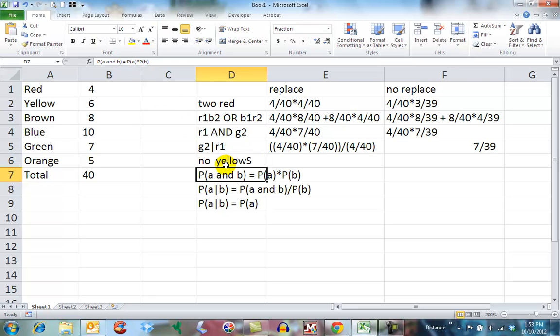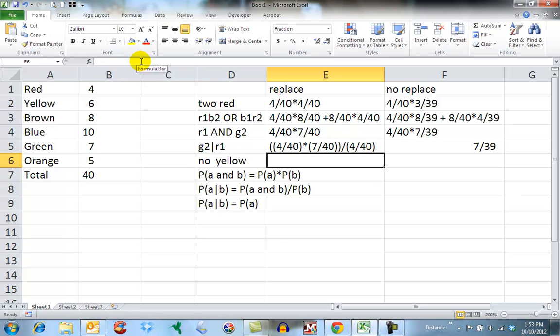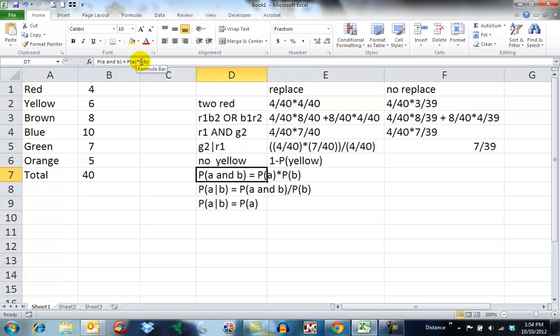No yellows. I'm in caps lock. So this is really the probability of 1 minus getting yellow. All right. So we have to figure out how many things aren't yellow. Well, there's 6 yellows.